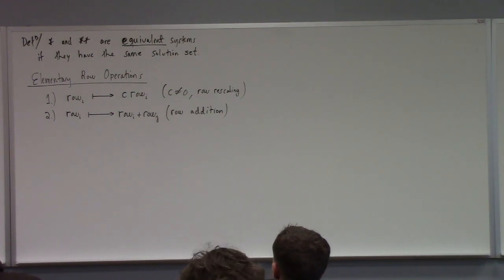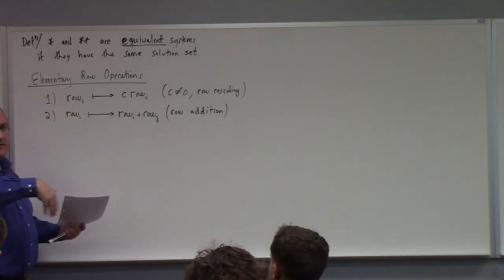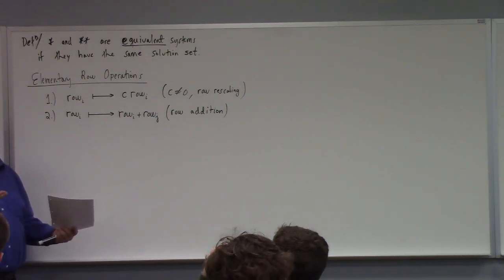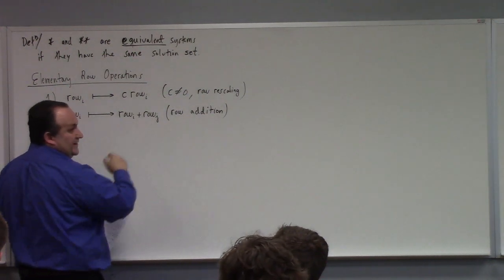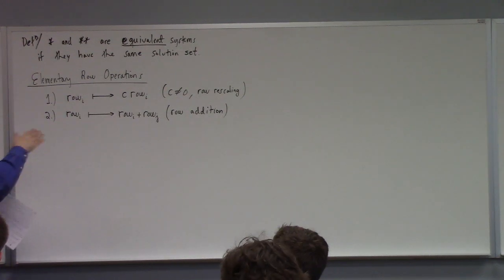But if you think about it logically, if I was to add the jth equation to the ith equation of the original system star, that would give me a new equation, and in the new matrix that corresponds to that system, that would replace row i with row i plus row j.